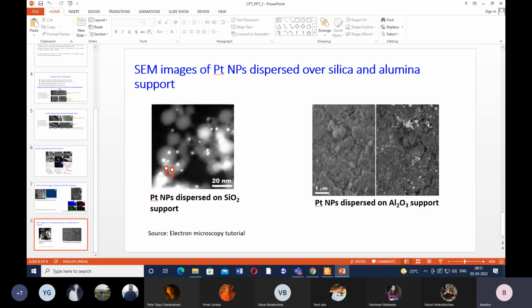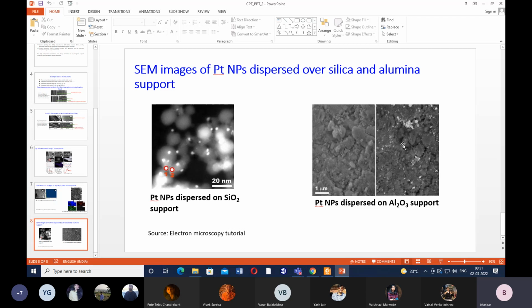Suppose I'm only handling platinum nanoparticles; instead of seeing images like this, I will just find these small shiny particles, nothing else, on the alumina support.